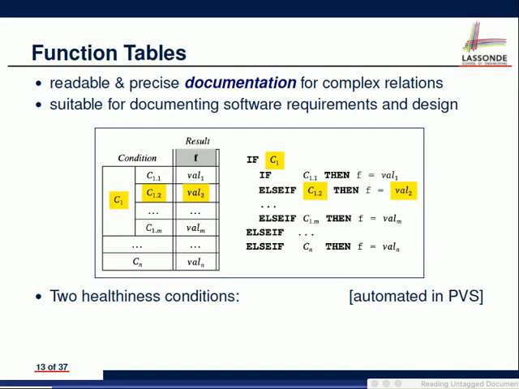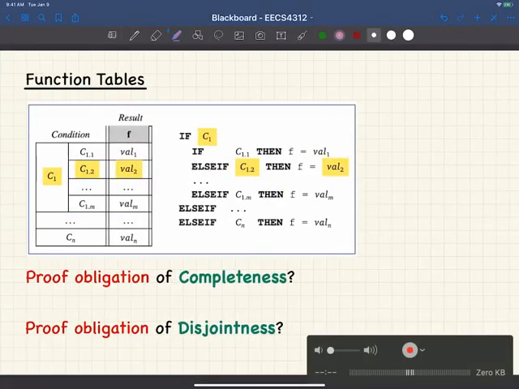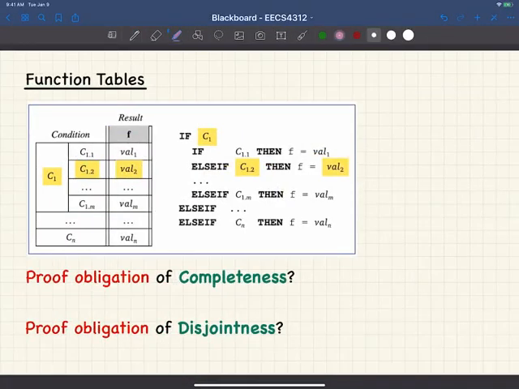Let me just say that what Ben was saying about disjointness is a misconception, and that's fine. What he said about completeness was completely right. When you say, for example, C1 or C2 up to Cn should be equivalent to true, you cover all the cases. What you said was that value 1 cannot be equal to value 2, that different rows map to different values.